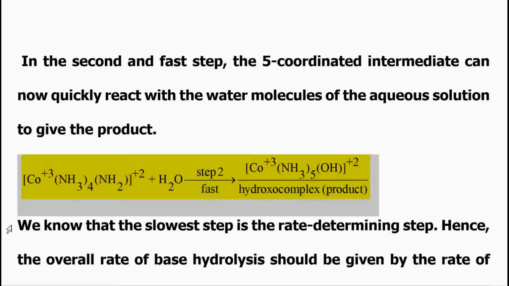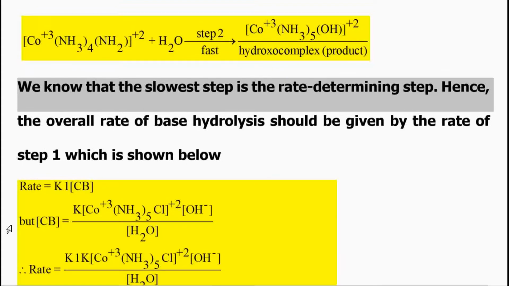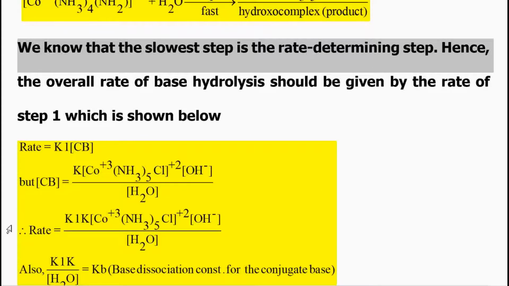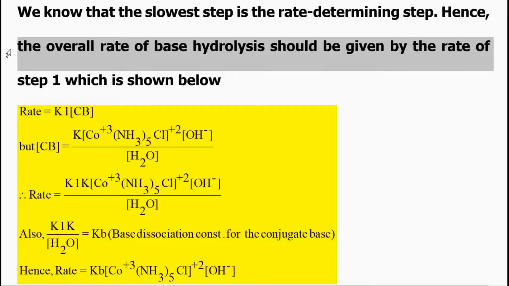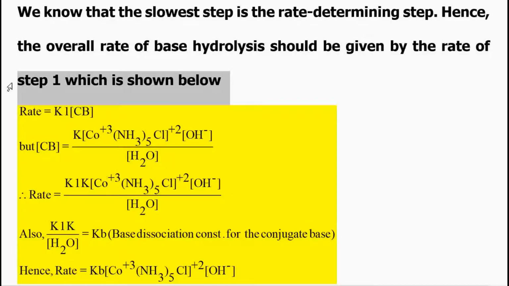Now we know that the slowest step is the rate determining step, and hence the overall rate of base hydrolysis should be given by the rate of step number 1, which is about the removal.